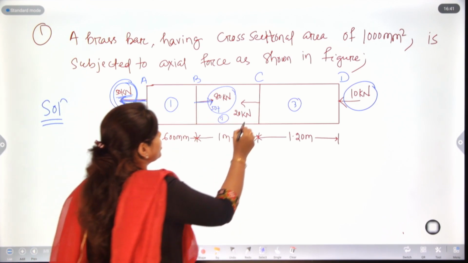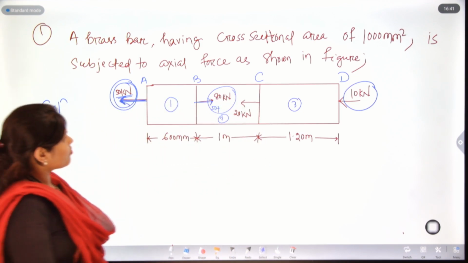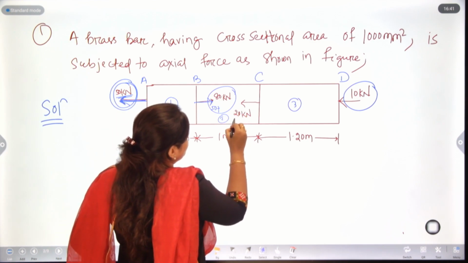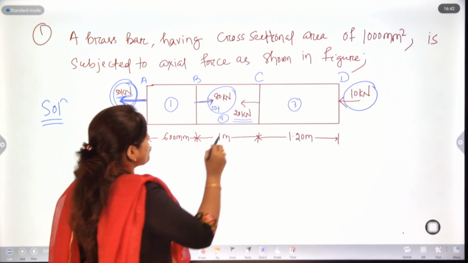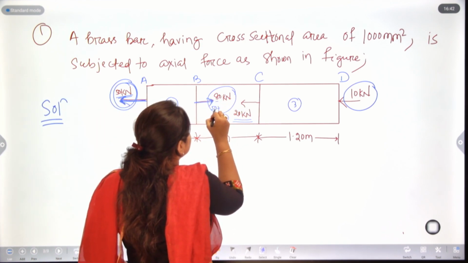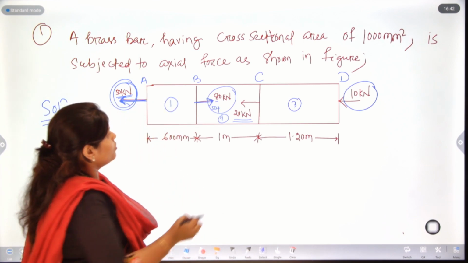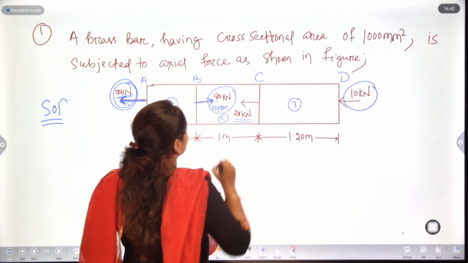Next, going to the BC section. Here in the BC section we have a compressive force of 20 kilonewton. As 80 is present and we got only 50, we will add this compressive force of 20.